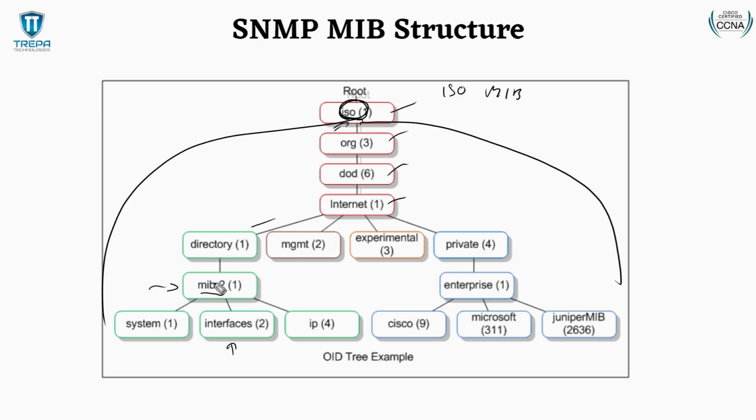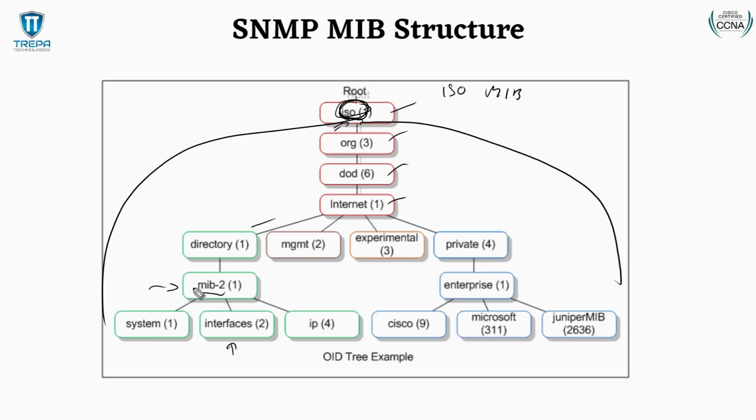Well, think of this as just like folders, essentially. Kind of like when we go through the directories of a Linux host, we start at the root, then we go into like etc, and then in there, etc has a bunch of directories we may need to reference. It's kind of the same thing. Think of it as just a folder structure, where if I'm able to access ISO and pull information from ISO, that means I can pretty much pull anything in that MIB.